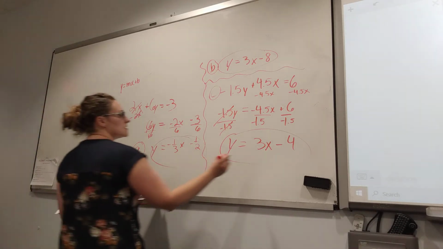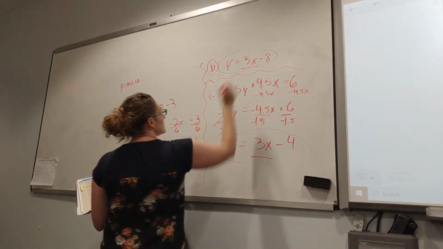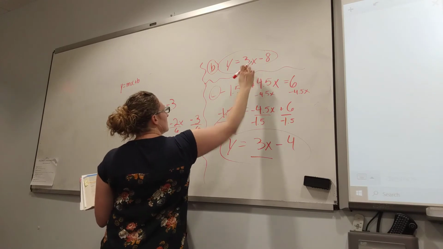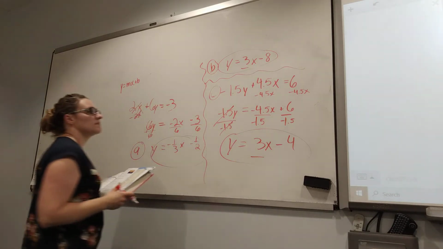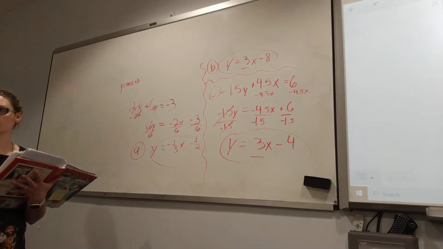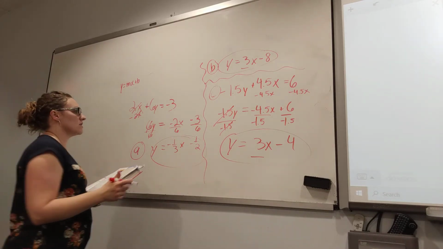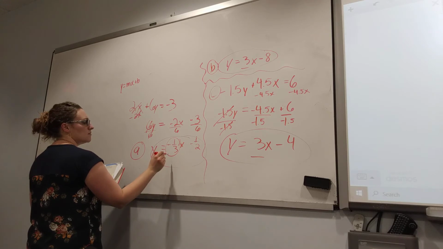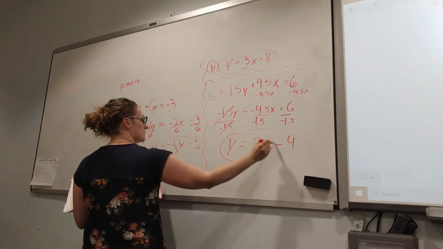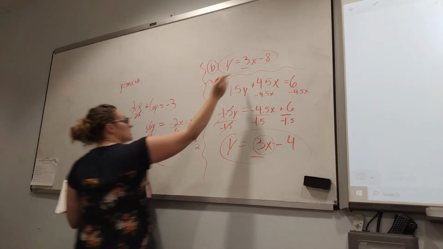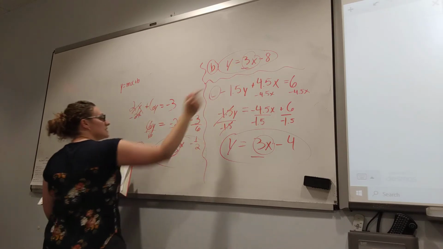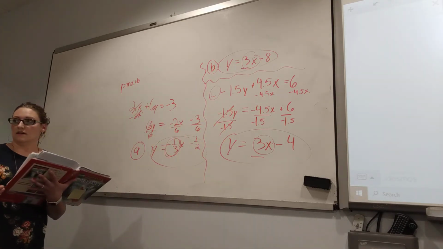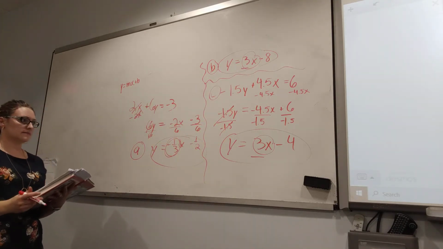Because of this and that, they'd be parallel. And because of the negative reciprocal, this one would be perpendicular to this one, and this one would be perpendicular to this one. See how they're opposites? Yeah.